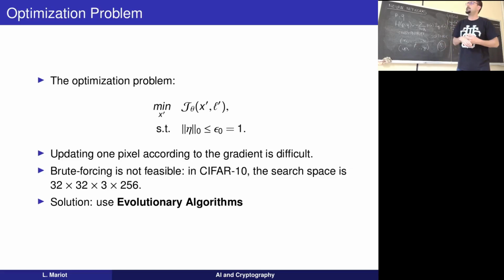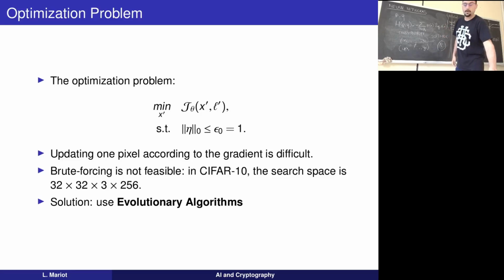If we consider the CIFAR-10 dataset, the search space would be composed of images that are 32 by 32 pixels. Each pixel is defined by 3 channels, red, green, and blue, and we have 256 values for each possible channel. Notice that 32 by 32 are the dimensions of our vectors.